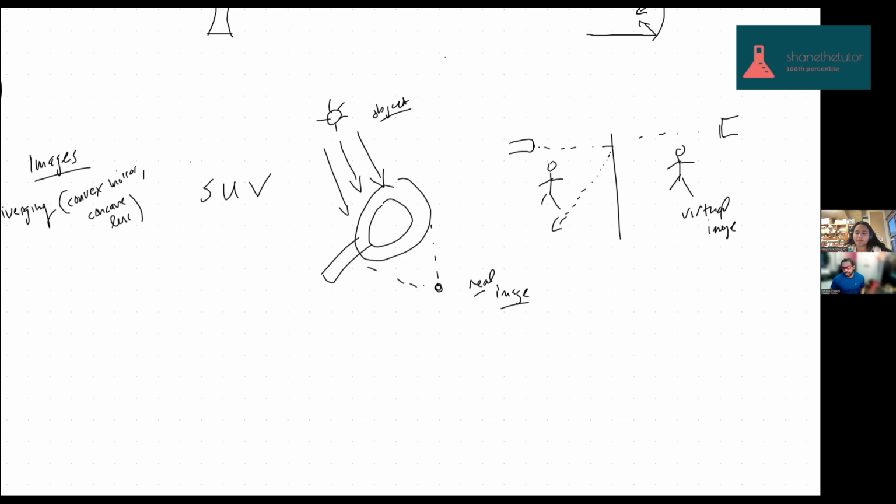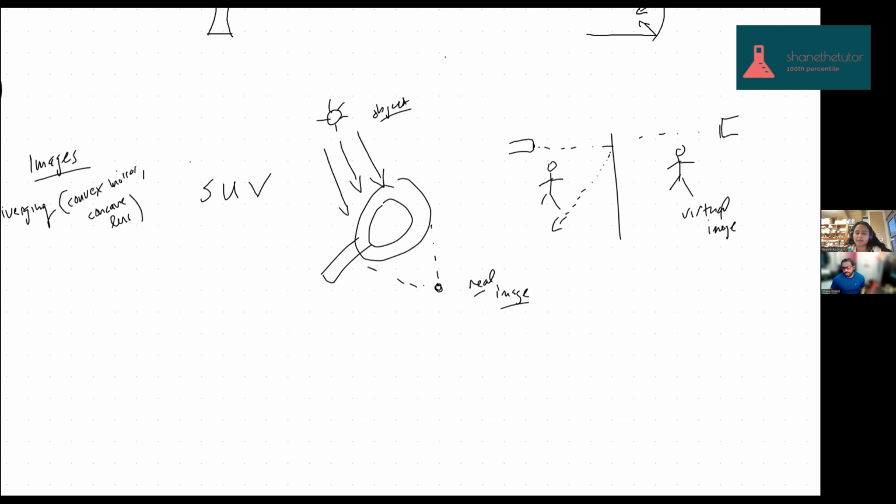But if you're 1 foot away from a mirror, your virtual image is as if it's 1 foot inwards into the mirror. So yes, if it's diverging, it will always be small, upright, virtual.